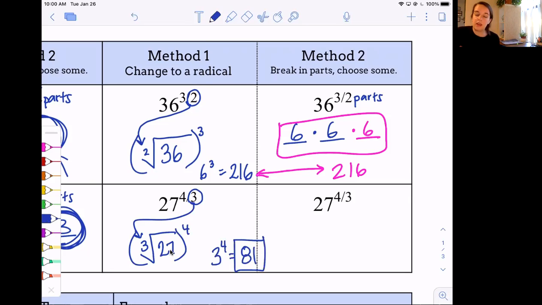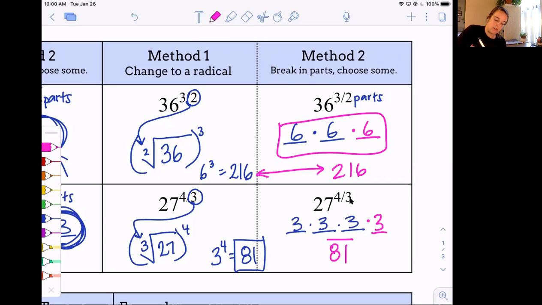If I'm going to break it into its parts here, I'm breaking 27 into 3 parts. 3 times 3 times 3. And I want 4 of those parts. Right, so 3 times 3 times 3 times 3 is, again, 81. So we can get that same answer in both ways.